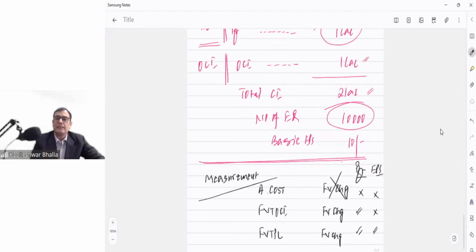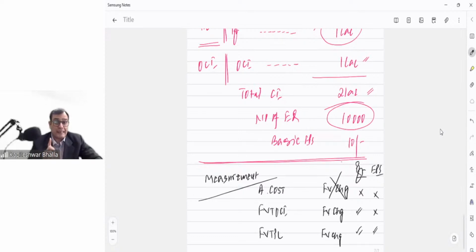If a company is using an amortized cost approach, there are no fair value changes incorporated in the books. So the profits are not affected due to fair value changes. The EPS is unaffected.